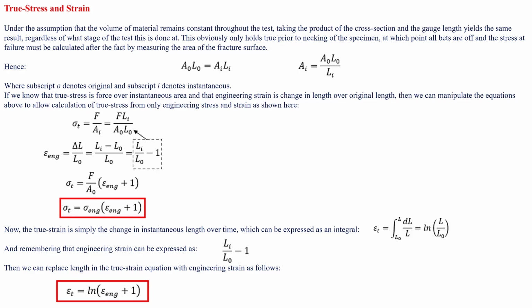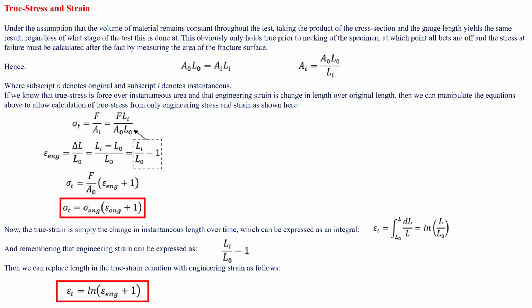If you want to find the true stress, it is force over the instantaneous area, and the engineering strain is change in length over the original length. We can just manipulate these equations to find the true stress strain. When I consider this instantaneous area, the formula you can just grab and add here.